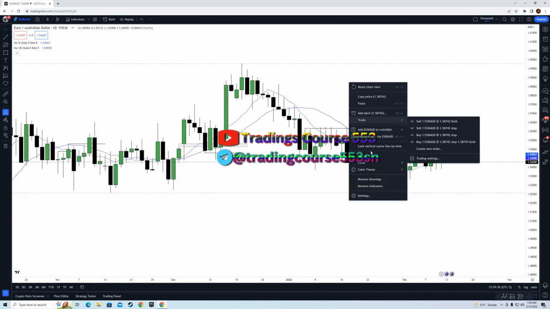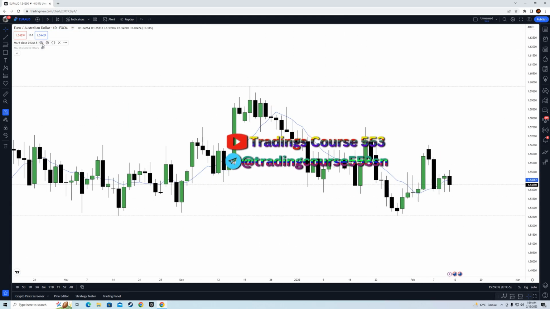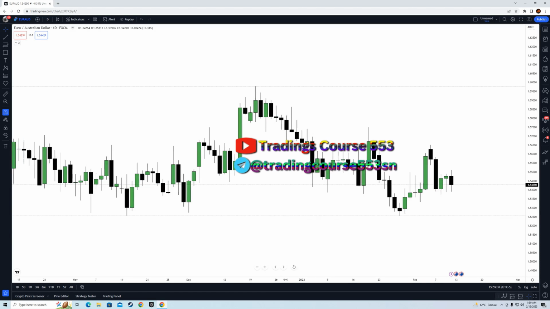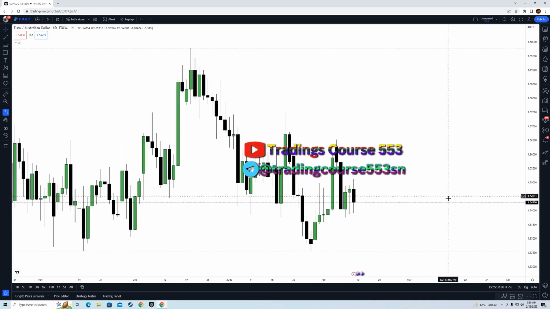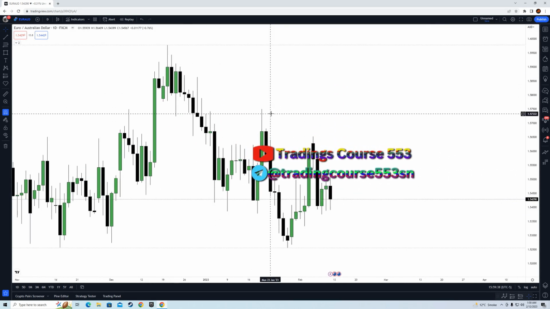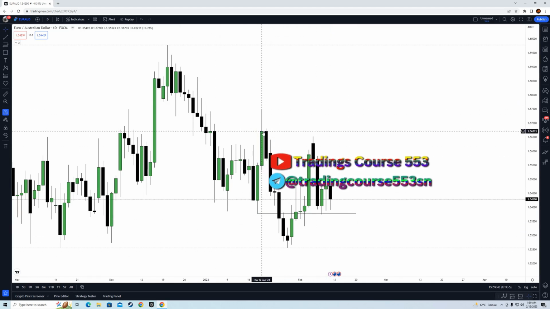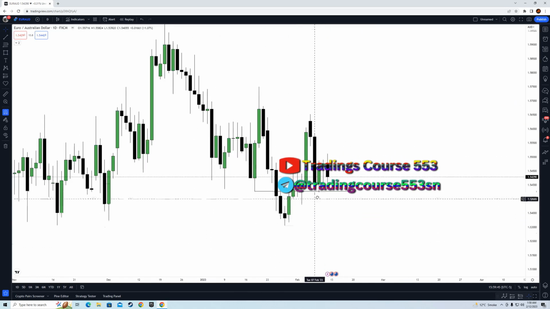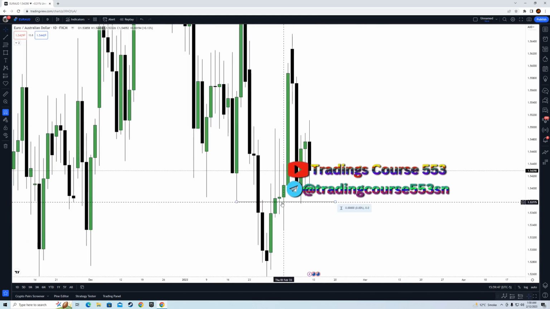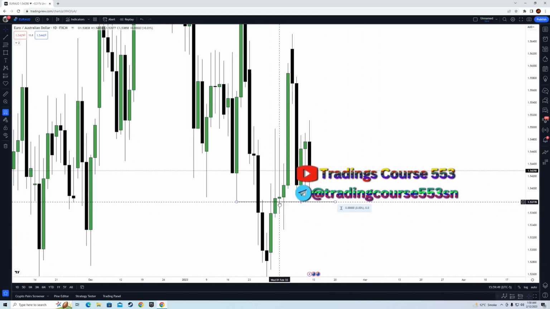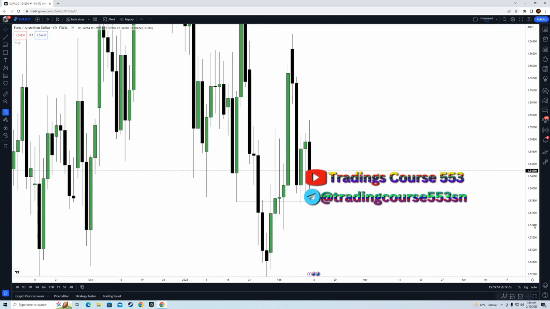Let me go back right here, remove the drawings, and disable the moving averages. So right here, you see we have A, B, C. Then the price goes above the line, and as soon as you have a retest, your bias becomes bullish.